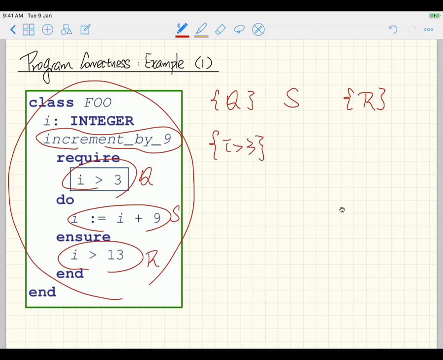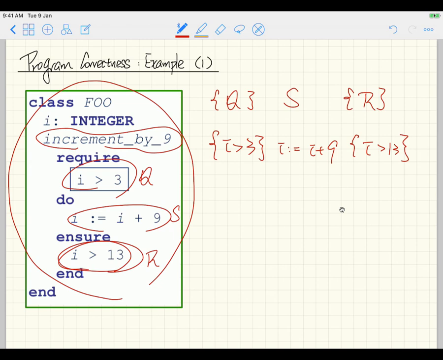If the precondition is satisfied, we execute the implementation, in this case a single assignment. On termination of the implementation, we hope that the postcondition, in this case i larger than 13, will be established.